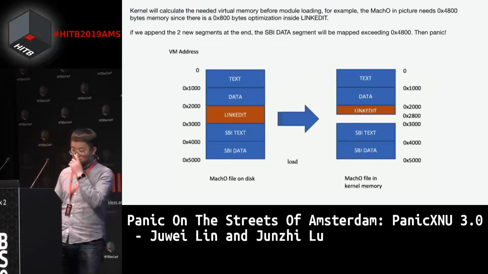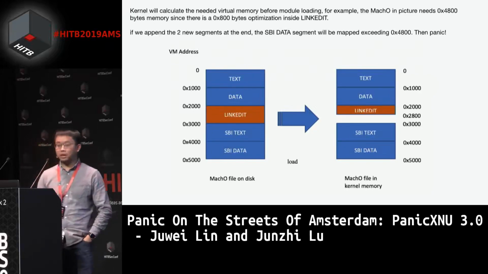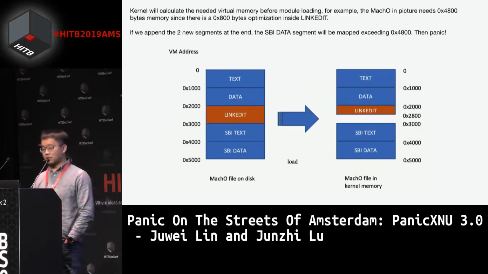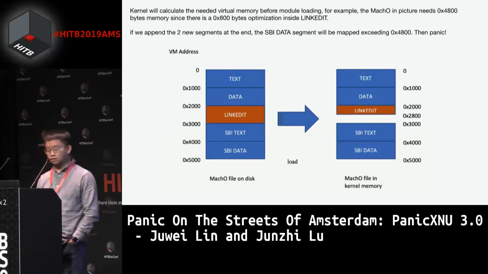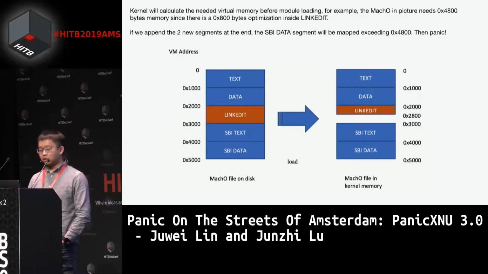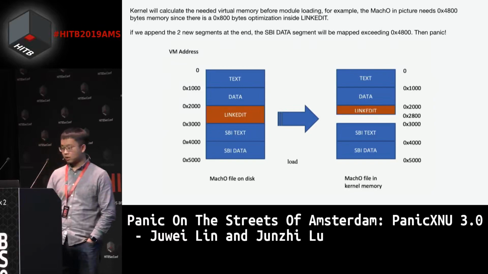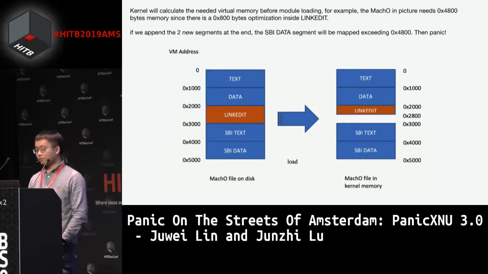You can see this picture. This is an example. If we add the SBI text or the SBI data at the end of this macho file after the link edit, when it is loaded into the kernel, the kernel will recalculate the virtual size, the memory size for this module. The result is 0x4800, not 0x5000.